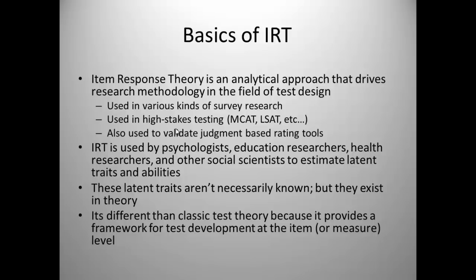And we can also talk about it in lots of other ways too. We can talk about IRT being used to measure things like antisocial behaviors or antisocial personalities or risk-taking behaviors or many other kinds of knowledge, skills, abilities, dispositions, those kinds of things.